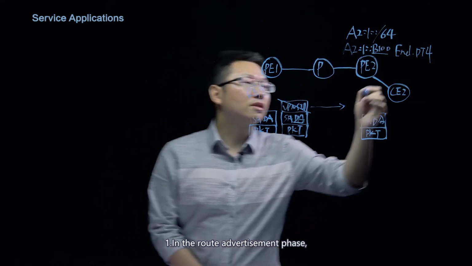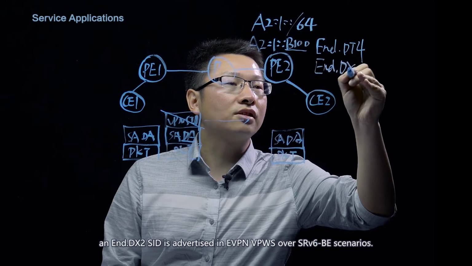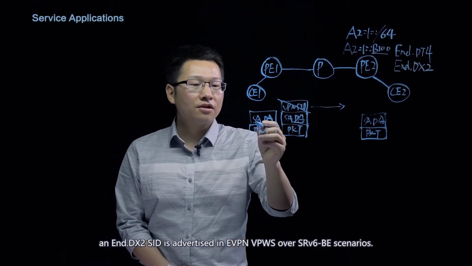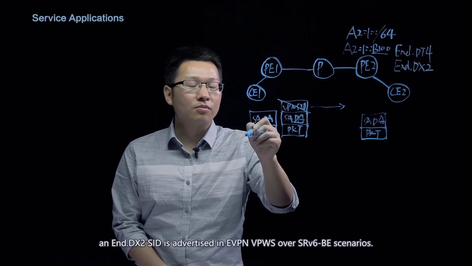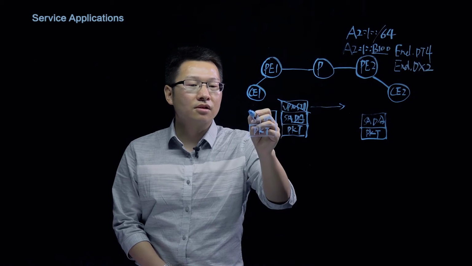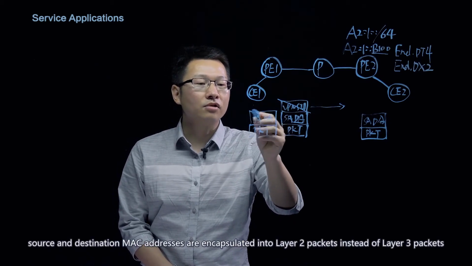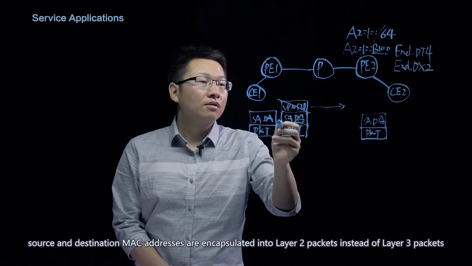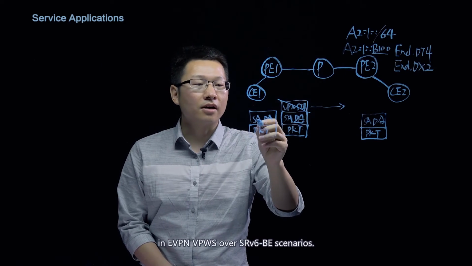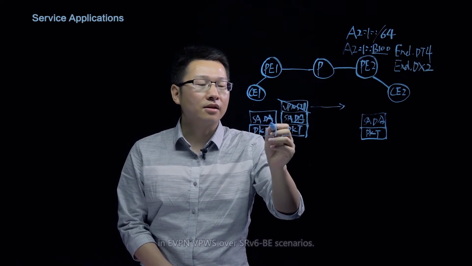In the route advertisement phase, an End.DX2 SID is advertised in EVPN VPWS over SRv6 BE scenarios. 2. In the data forwarding phase, source and destination MAC addresses are encapsulated into layer 2 packets instead of layer 3 packets in EVPN VPWS over SRv6 BE scenarios.